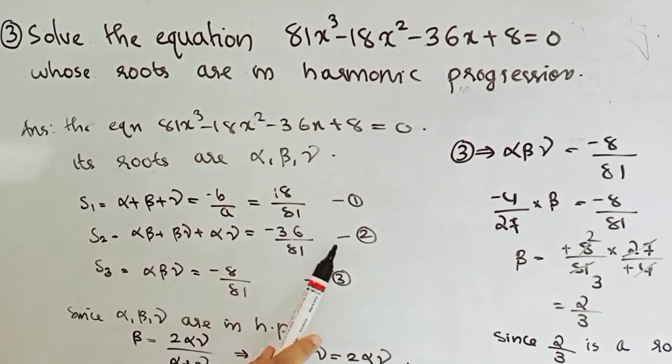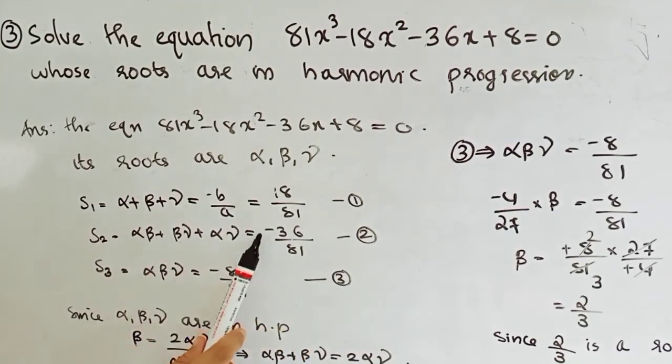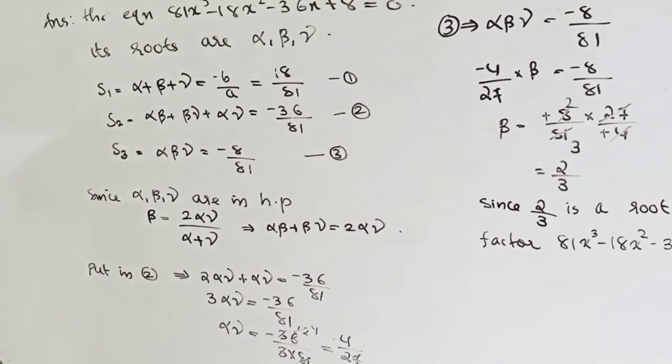Check here, this is equation 2, that is alpha beta plus beta gamma plus alpha gamma is minus 36 by 81. We have got that alpha beta plus beta gamma is 2 alpha gamma. Am I right? So putting in equation 2, instead of alpha beta plus beta gamma we write 2 alpha gamma, plus alpha gamma is minus 36 by 81.